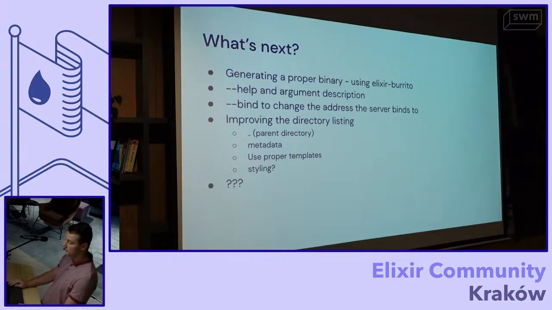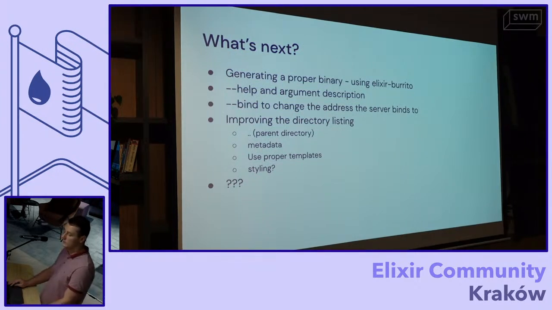The API can be improved, of course. The help I mentioned would be super helpful. With the description, it's not provided by the option parser, but it can be done manually.